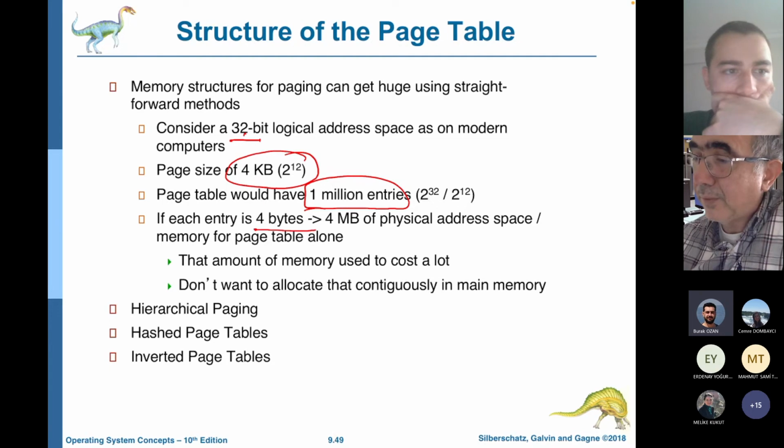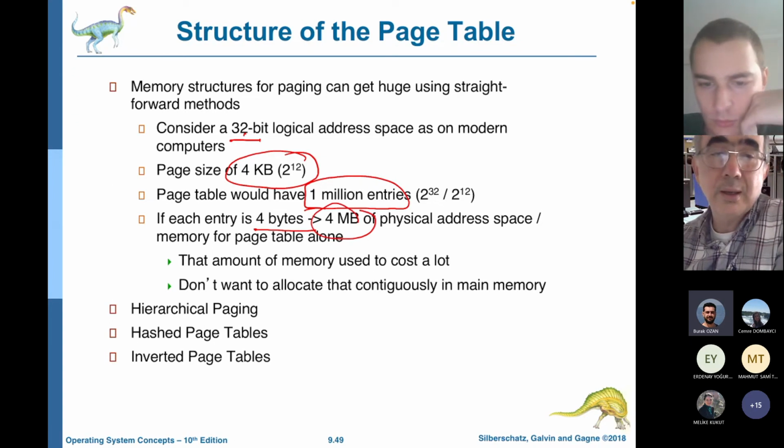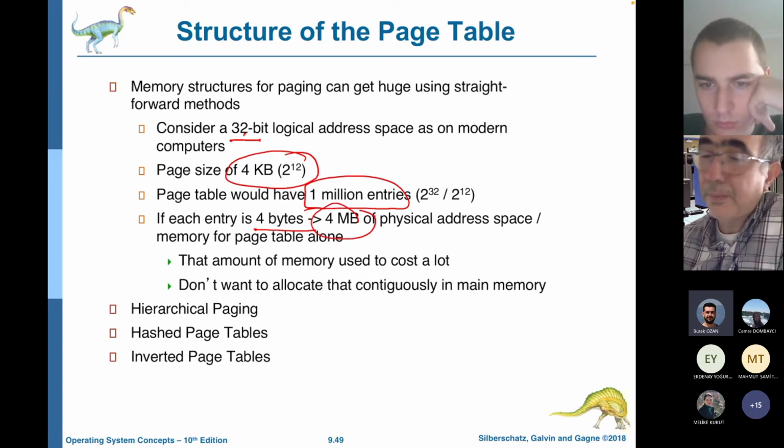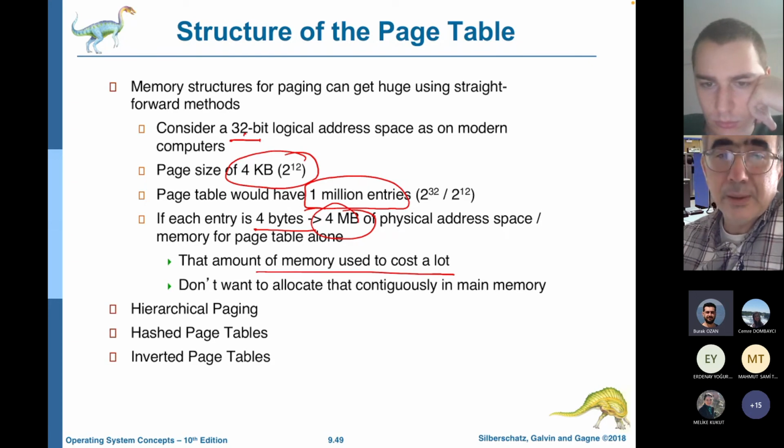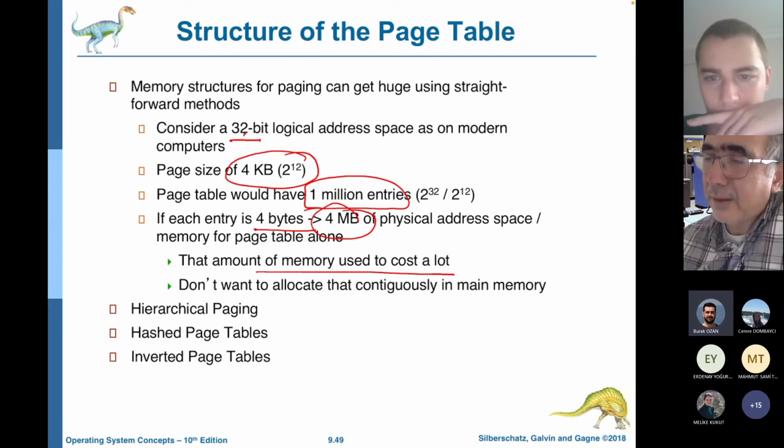If each entry is 4 bytes, 4 megabytes of physical address space for the page table is required. So therefore, small page sizes with page tables are not feasible. A lot of memory is required. Therefore, different mechanisms of paging are invented.